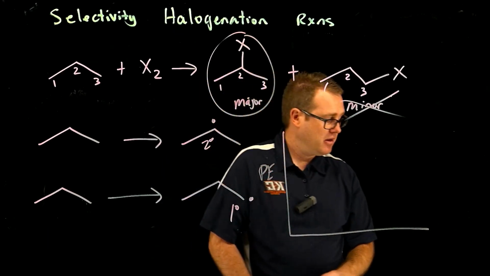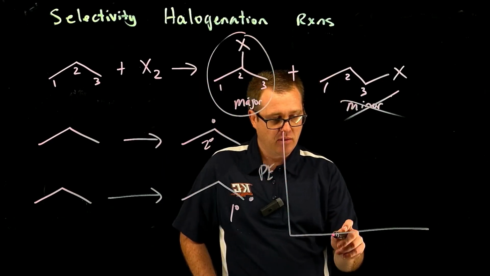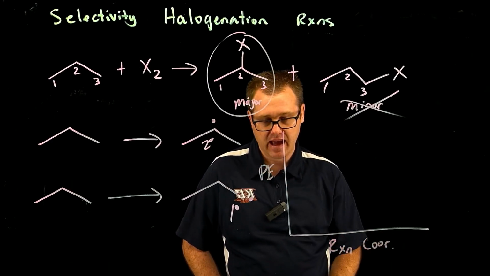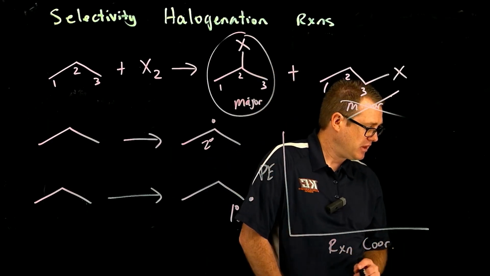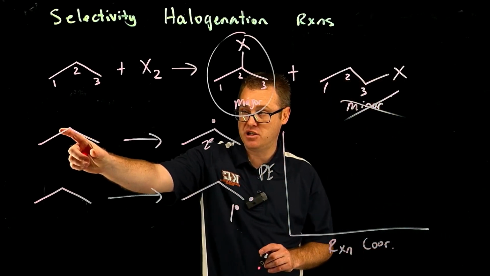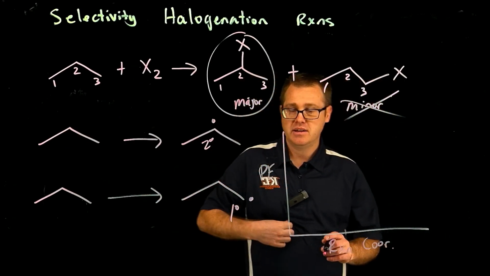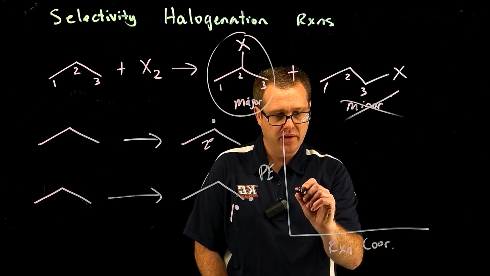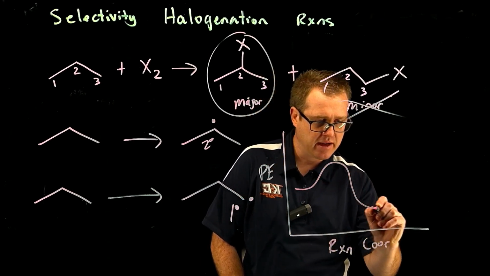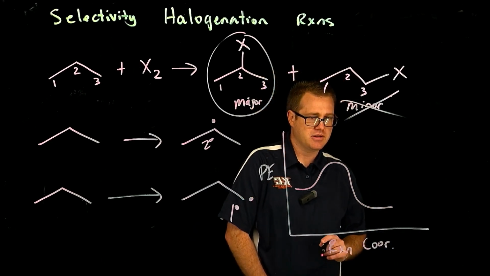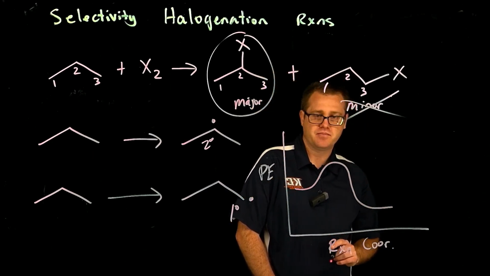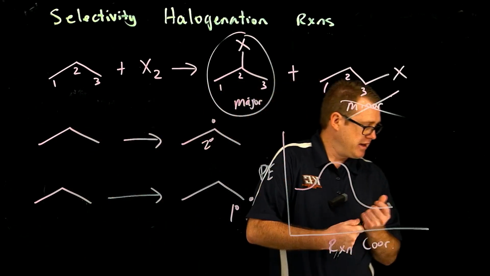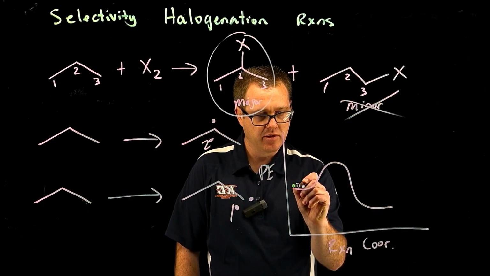But if we look at the potential energy on the y-axis and the reaction coordinate on the x-axis right there, the hydrogen abstraction step right here is going to look like this. We'll have energy come up and then we'll come down like that. Okay, so there's an energy diagram right there. But look at what happens if we draw another line here. Let's draw it in green here.